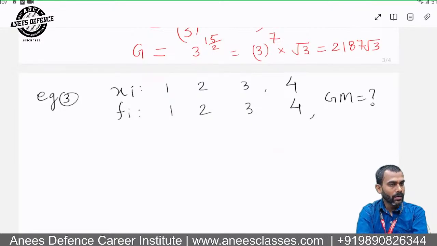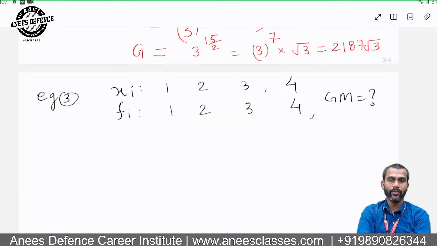Apply the second formula, which is the product of xi raised to fi whole power 1 by summation fi, which is capital N, the total number of observations.